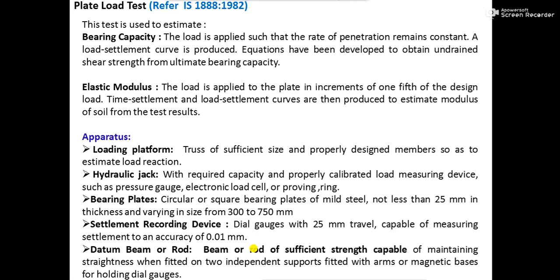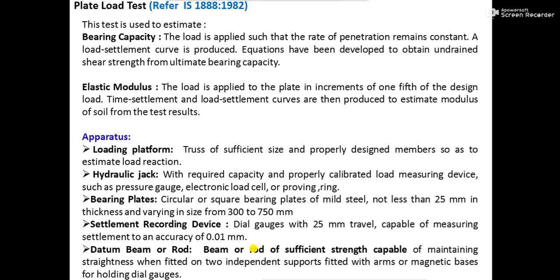So the dial gauge should be able to measure the maximum settlement up to 25 millimeter, okay. It should not be less than that, and the settlement should be measured to an accuracy level of 0.01 millimeter. That means the least count of the dial gauge should be 0.01 millimeter, okay.